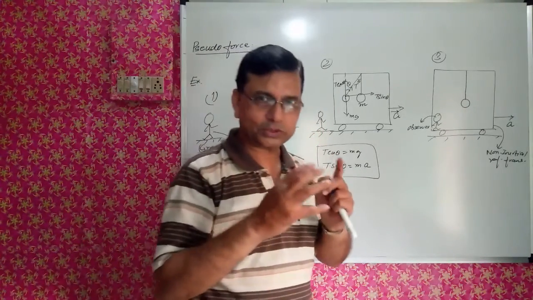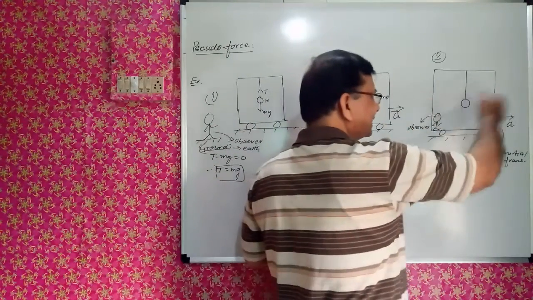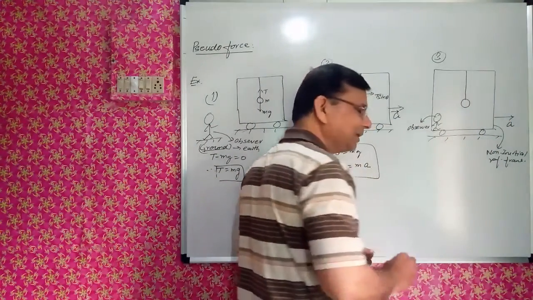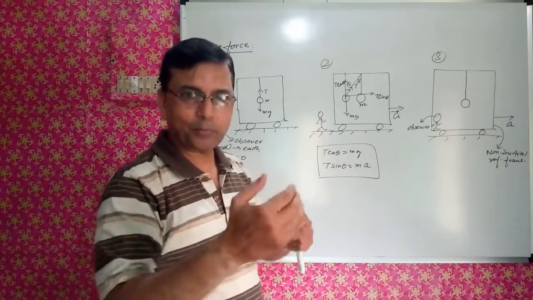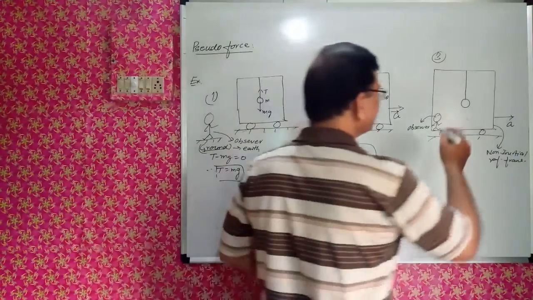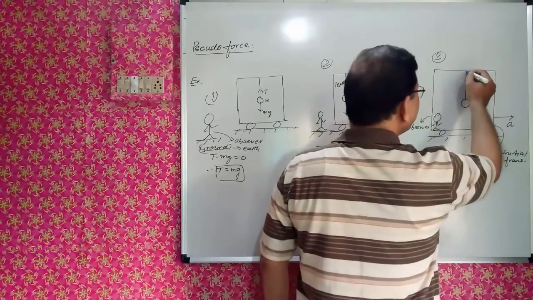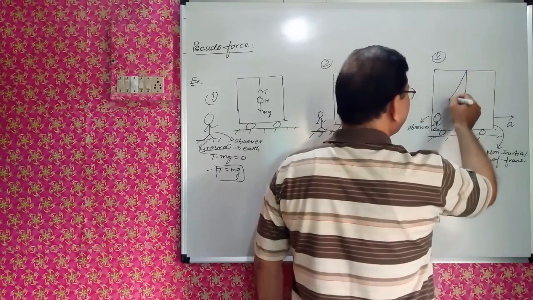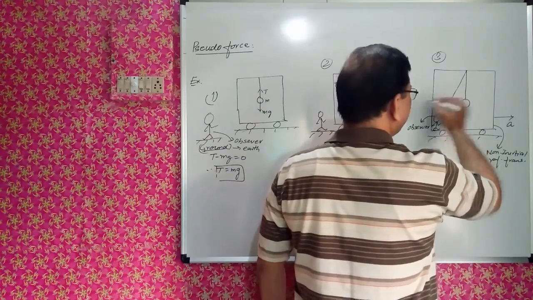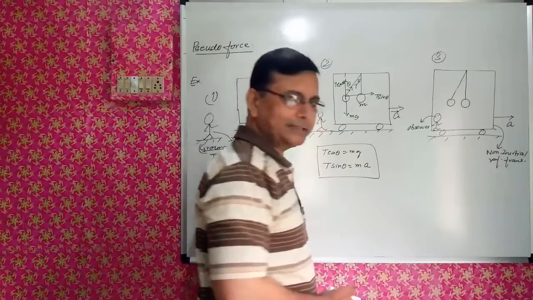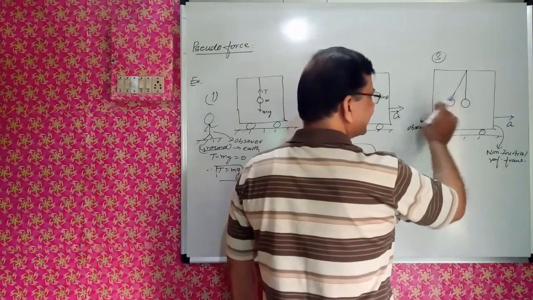Acceleration is definitely there, but since the observer is in a non-inertial reference frame, a pseudo force will act in the opposite direction. So when the pseudo force acts, the situation is like this. So he will say that it is at rest.